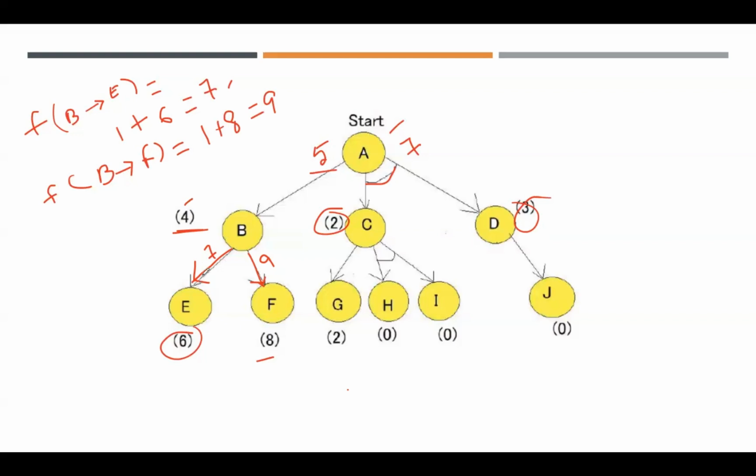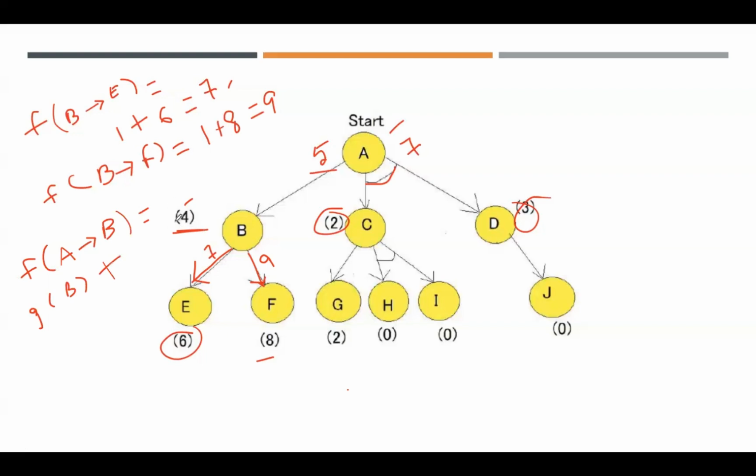So we need to select that. And as there is a change in the heuristic of B, there will be a change in the heuristic of A also. So we need to update the value from A to B. Take it as f of A to B equal to G of B plus the updated value of H of B. G of B still remains the same, and instead of the heuristic value of B, we need to take the updated heuristic value.